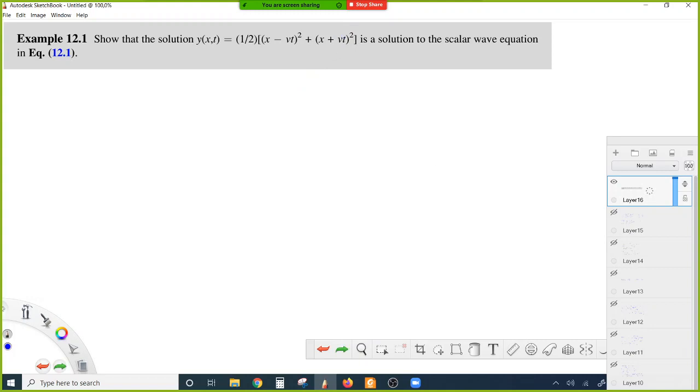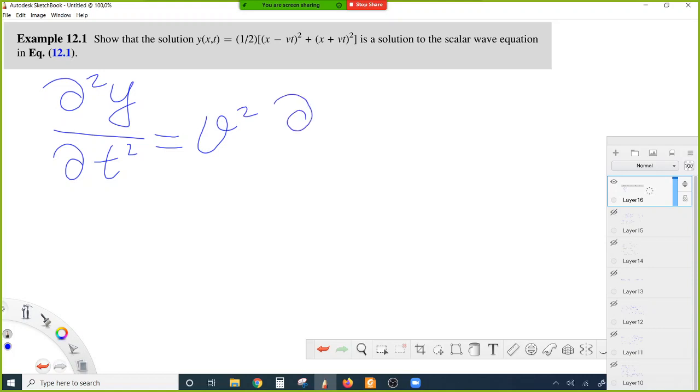So what was our scalar wave equation? The scalar wave equation was d squared y over dt squared equals v squared d squared y over dx squared.